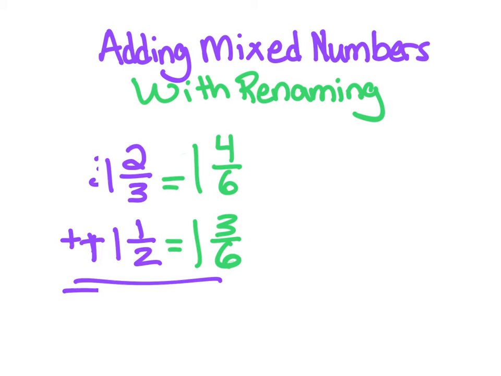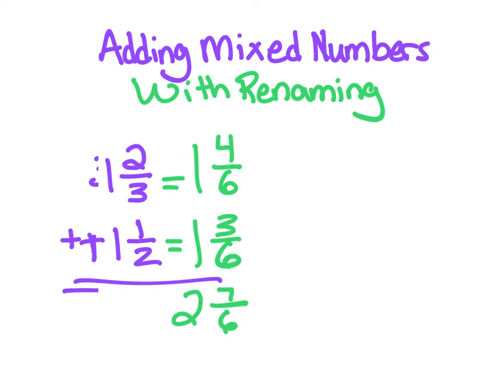Now, when we add these together, we will notice that 4/6 plus 3/6 comes out to be an improper fraction. That would be 7/6. Okay? We add the whole numbers. 1 plus 1, of course, is 2. Now, we cannot leave our answer with an improper fraction.